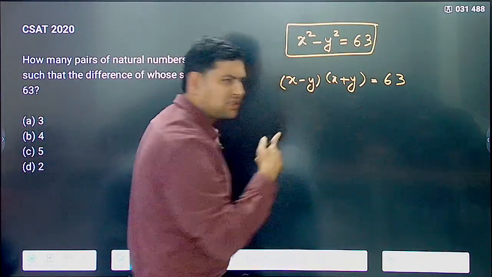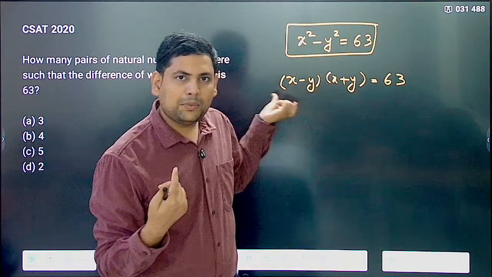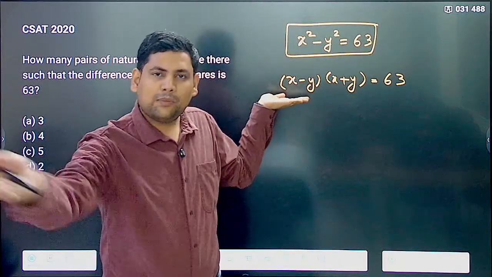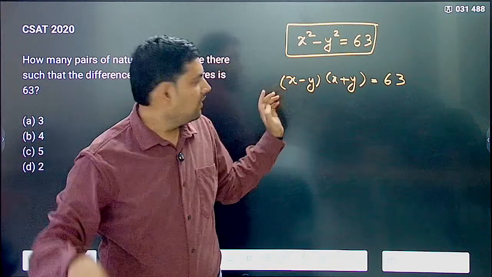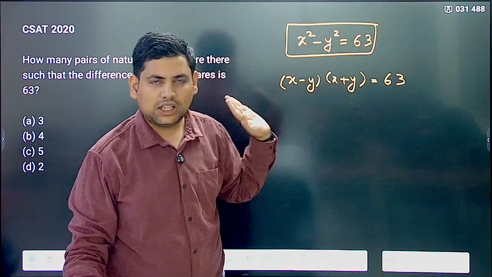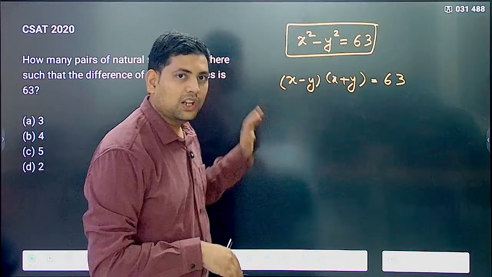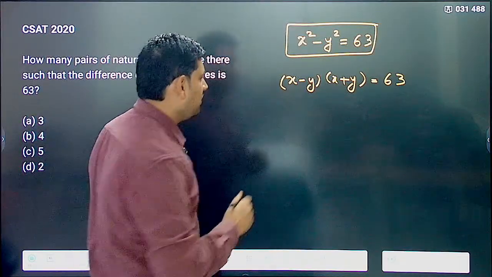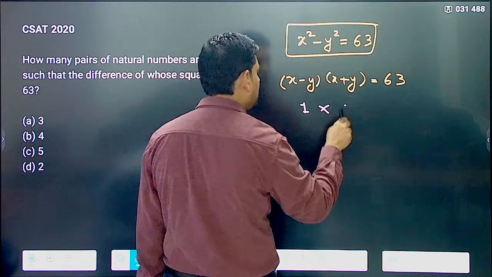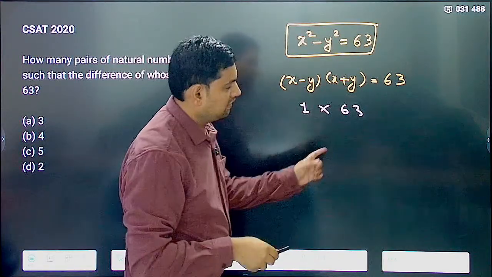Now, if these are natural numbers, can you feel that x plus y will be greater than x minus y? Correct? Because this is the difference. All of them are natural, that means all of them are positive. So 5 minus 3 will always be less than 5 plus 3. This you understand? Then we'll write it in this pattern only. So this is smaller. So I assume value 1 here and 1 into 63. Correct?